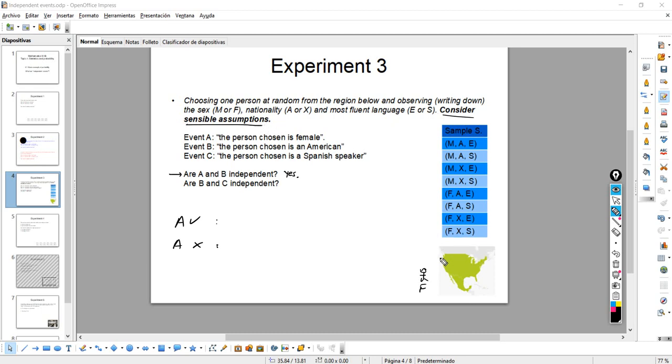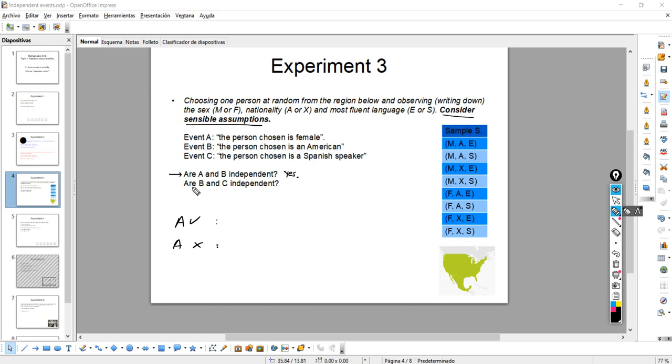A very sensible assumption is to realize that the ratio of male to female is the same in both countries. So if I know that I have chosen a female, that doesn't affect the chance of this being American or Mexican. So yes, A and B are fully independent.